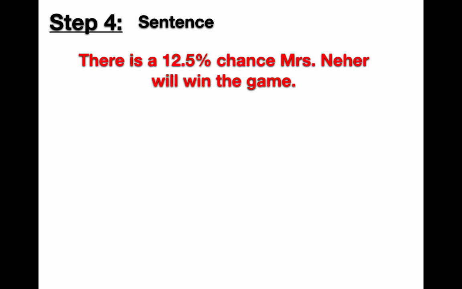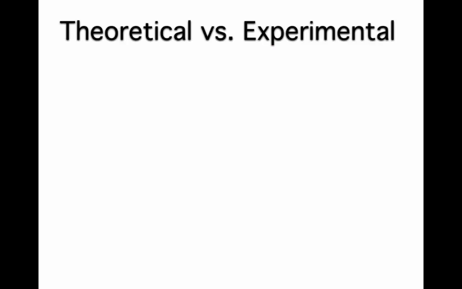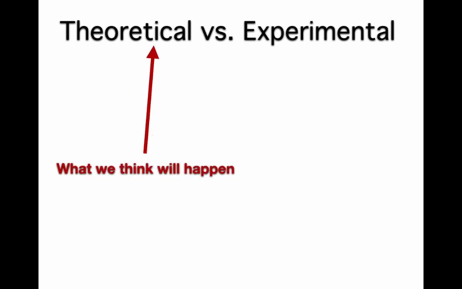All right, 12.5%. Okay, guys, as we're doing all these examples, I want to talk about the difference between theoretical versus experimental probability, because they're two different things. Theoretical probability is what we think will happen.